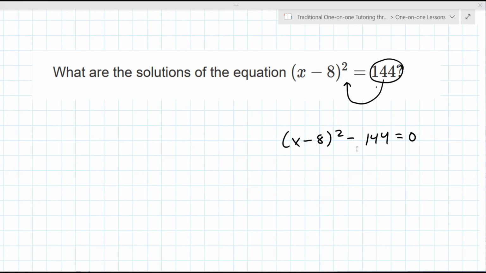Let me know when you get your answer. Negative 4 and 20. Perfect.